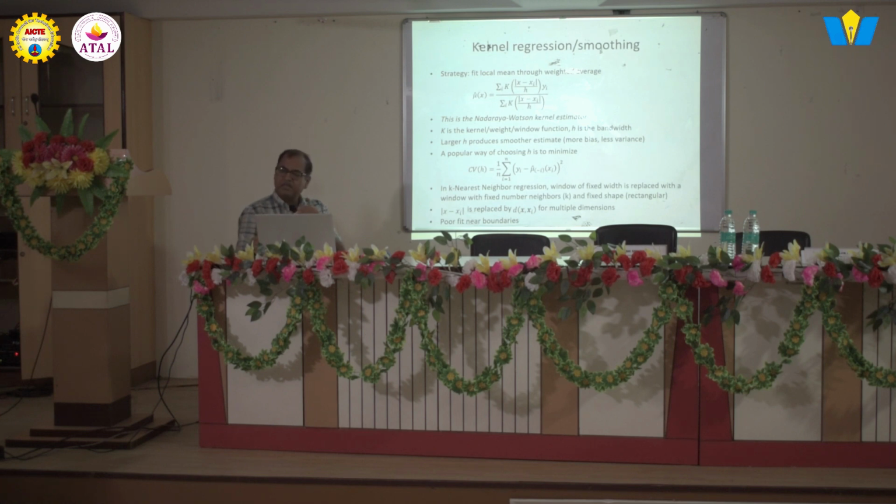But there can be data sets where there is more concentration of points in some parts and rare data in other parts, then again some parts with a crowd of data. If that happens, then choosing a fixed width for every location may not be the right thing to do. So what k-nearest neighbor regression does is that the window of fixed width is replaced with a window of variable width, varying in such a way that the number of neighbors is fixed.